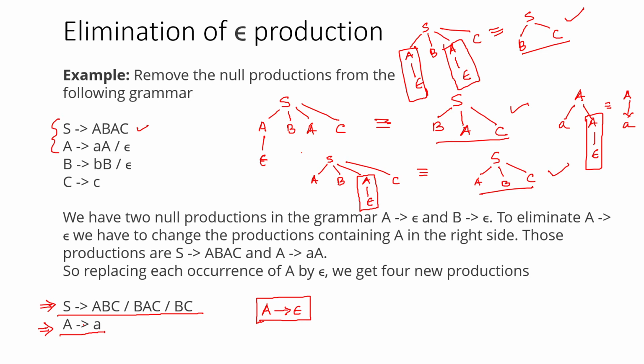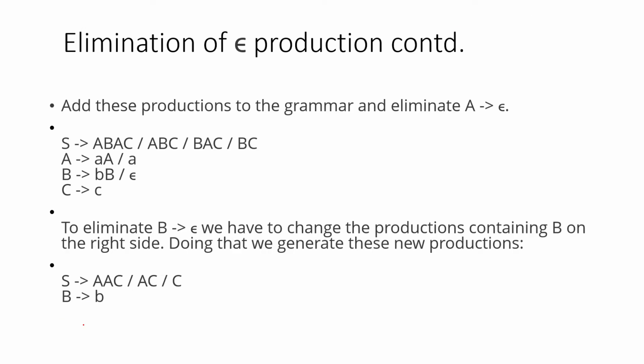Now come to B. So what we have done? We have done something like this. The modified production rule for S is ABAC, which is not changing. It will be there.